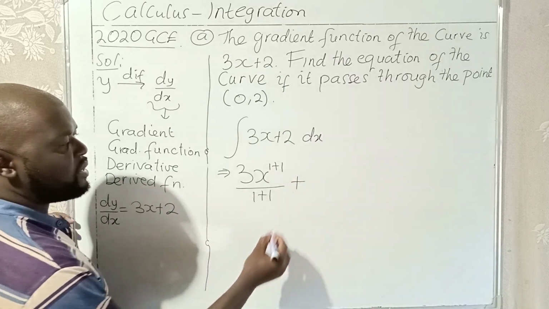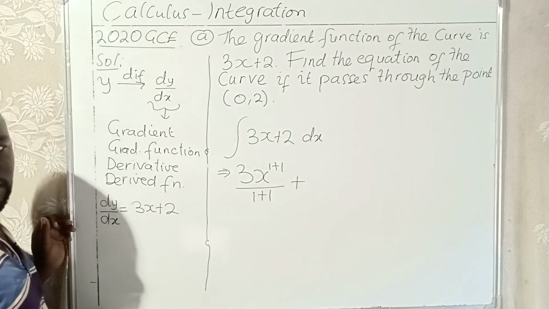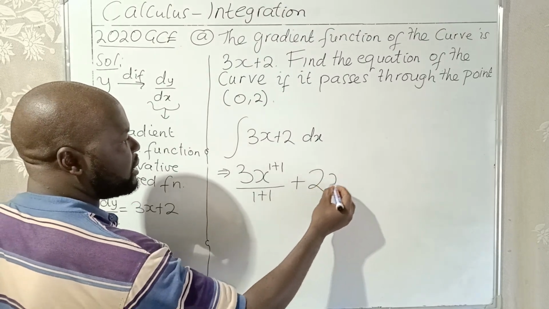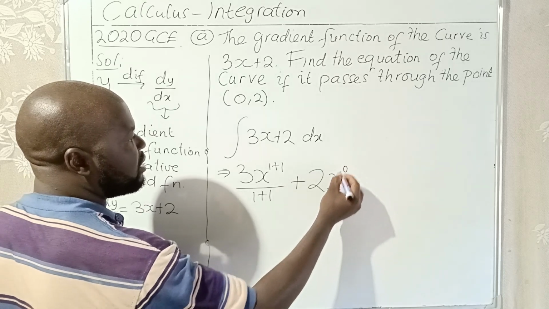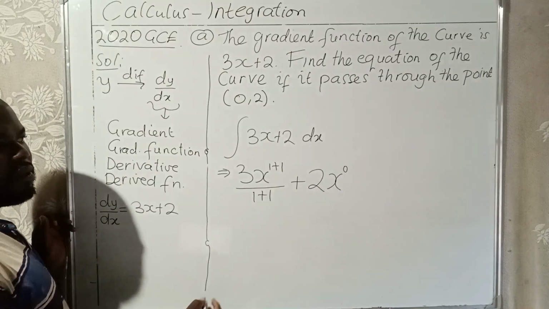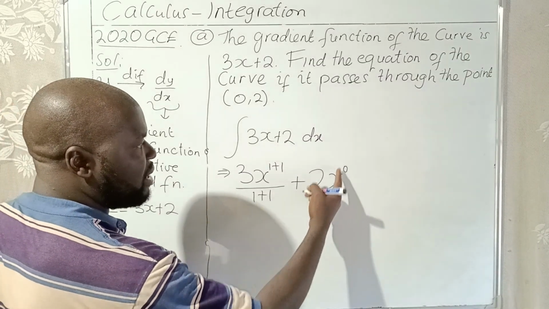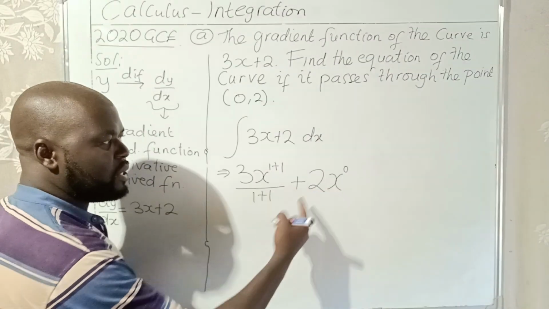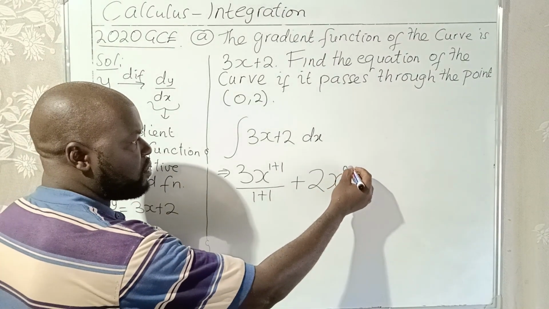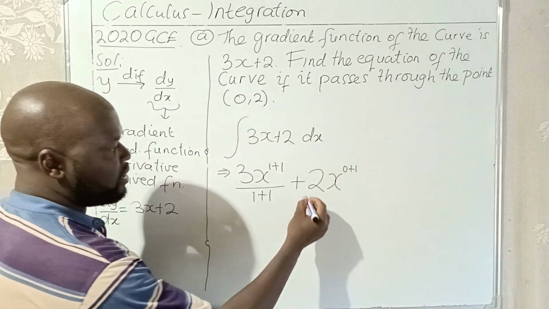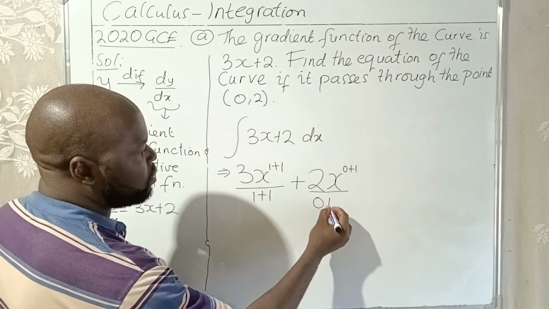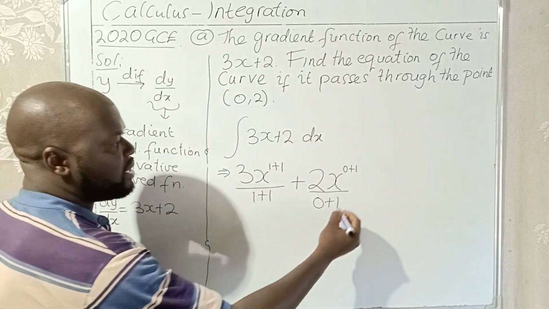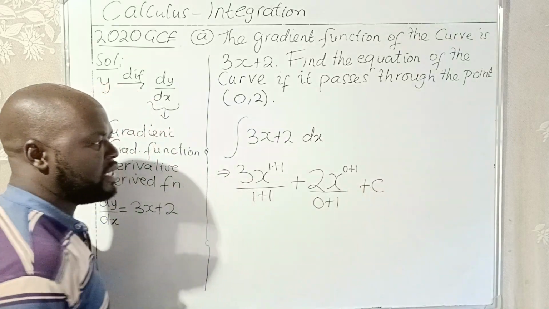Since we are integrating with respect to x, the 2 also has a variable, only that it has the index 0. Remember, any number with the index 0 is 1. So we add 1 to the index and divide by the new index. We have no more terms to integrate, so we add plus c.